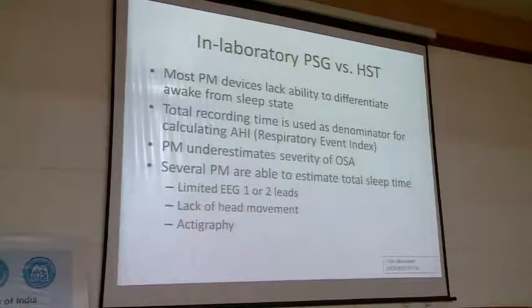So rather than being called apnea hypopnea index, it has to be called respiratory event index, and sometimes it underestimates the severity of OSA. But nowadays, with advances, several portable monitoring tests are able to estimate total sleep time by using a limited number of EEG channels, head movements and actigraphy.